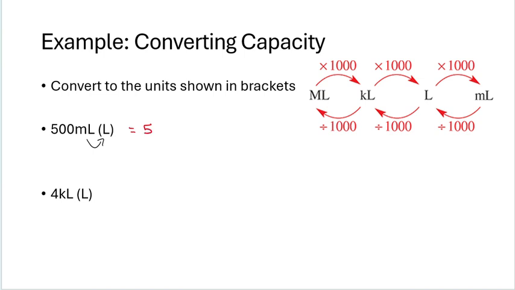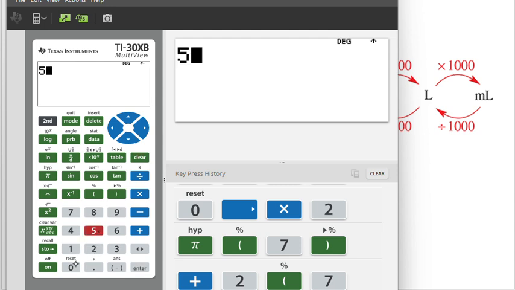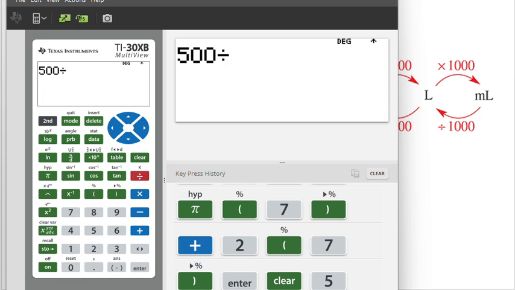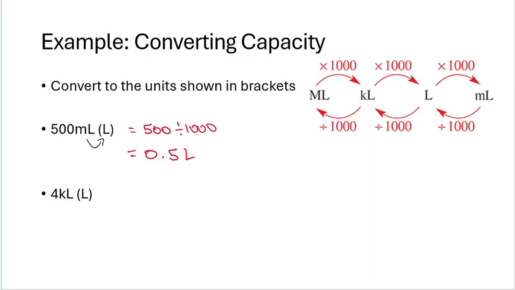So I'll just go 500 divided by 1000. And this equals 0.5 liters. If you wanted to double check, use your calculator. 500 divided by 1000, 0.5. There we go.